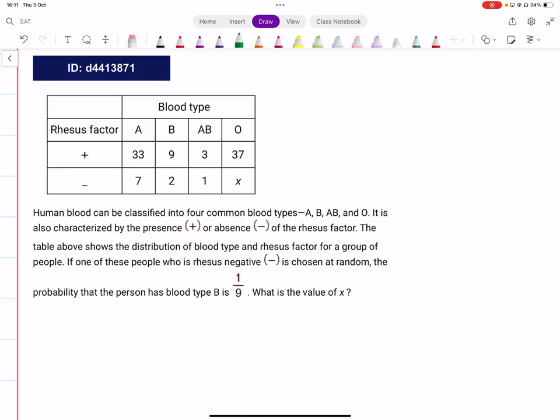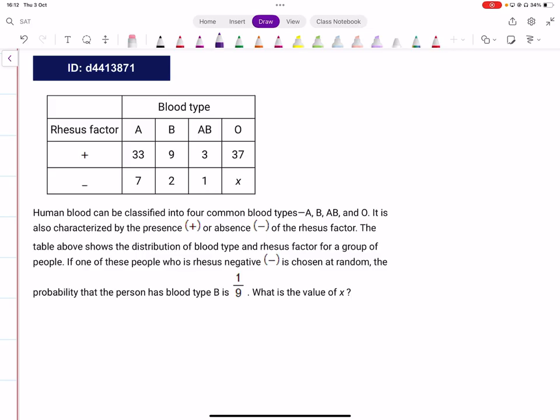Human blood can be classified into 4 common blood types: A, B, AB, and O. It's also categorized by the presence or absence of the rhesus factor. The table above shows the distribution of blood type and that factor for a group. Okay, so we have A positive, B positive, AB positive, O positive, and similarly for negative.